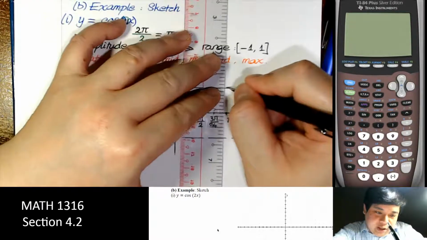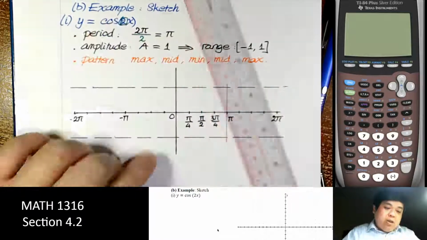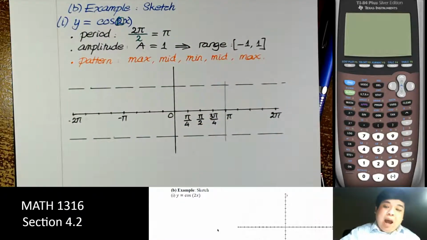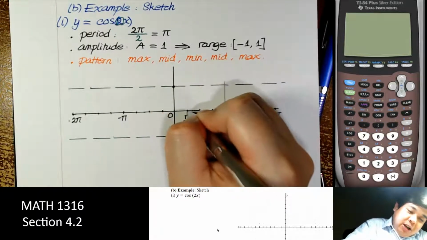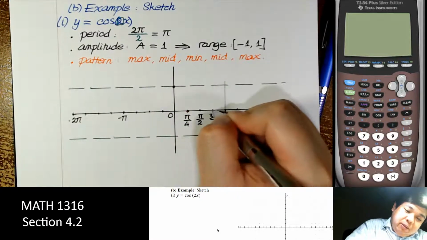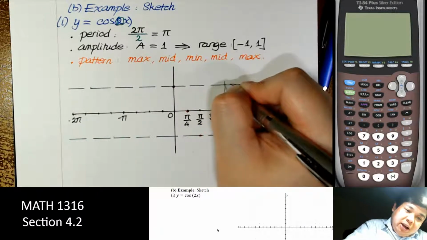And then 1 period, in this case only from 0 to pi. Right, parent. Start from maximum for cosine, middle, minimum, middle, max.